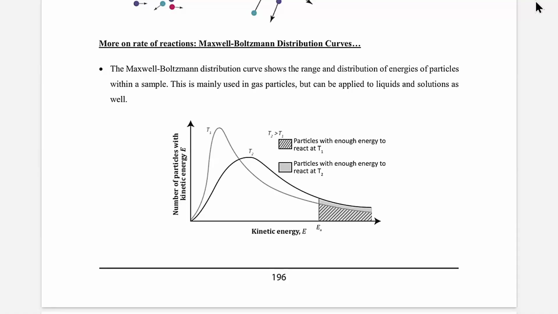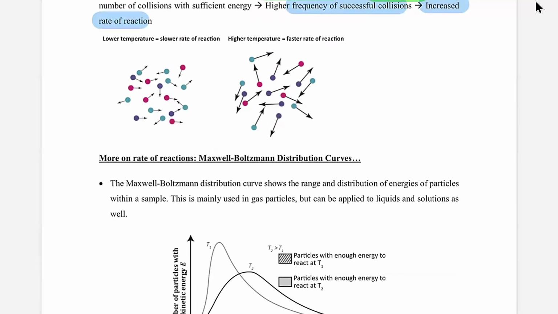Let's work now. What is Boltzmann distribution? Maxwell-Boltzmann distribution, this distribution mostly comes in chemical physics. If you do physics also in year 11, you have this Boltzmann distribution, Maxwell-Boltzmann distribution.